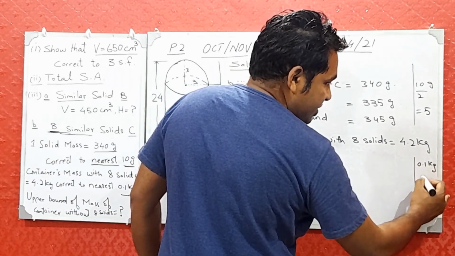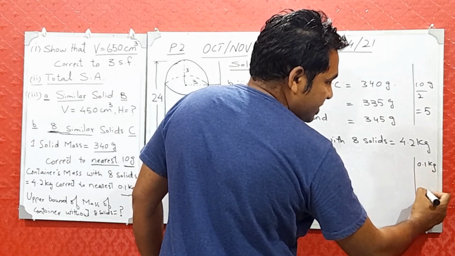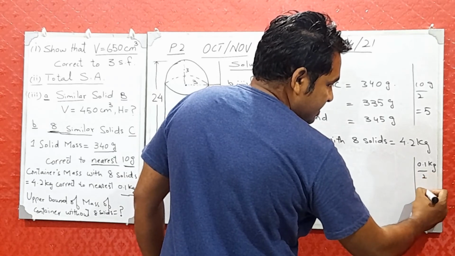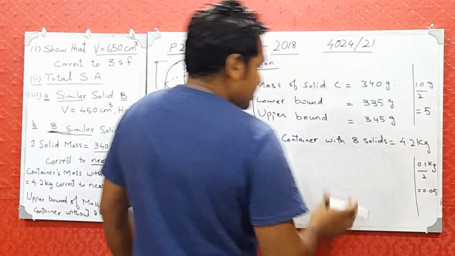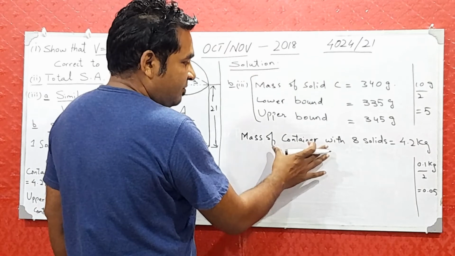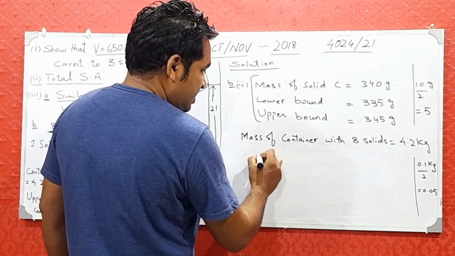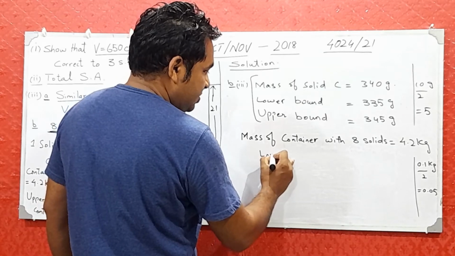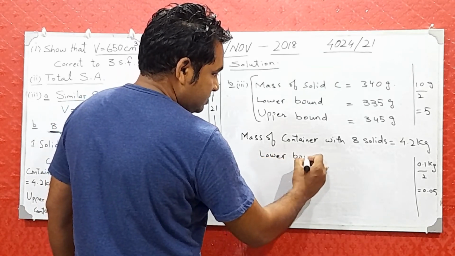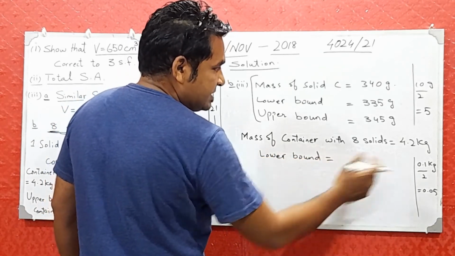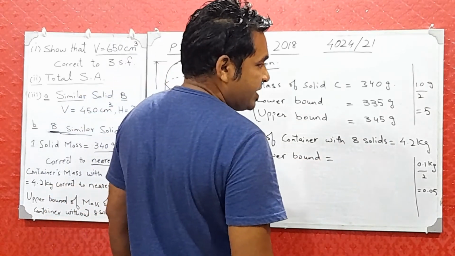So we will divide it by 2, and when we divide it by 2, we get 0.05. So to get the upper bound of this container with 8 solids, first we find the lower bound. We will minus this from 4.25.